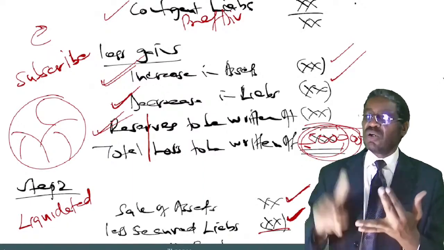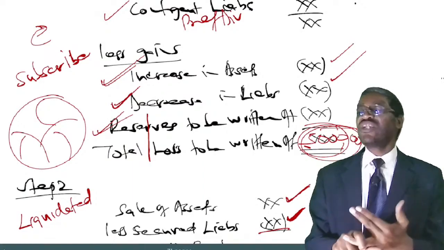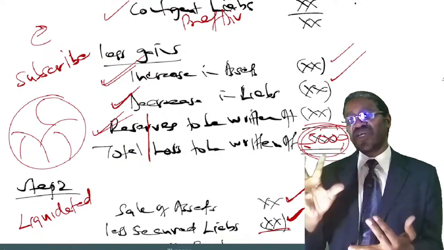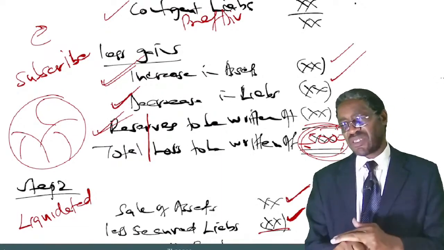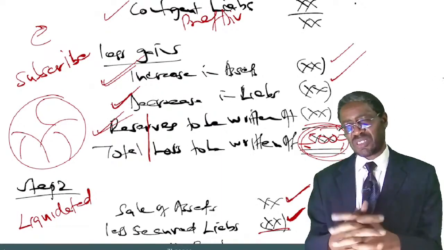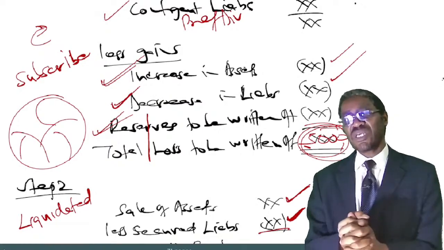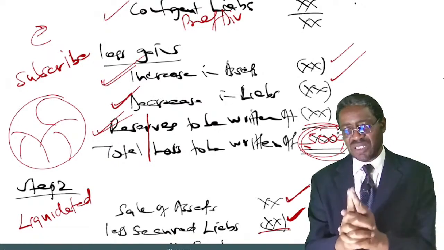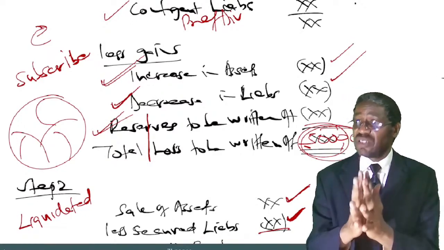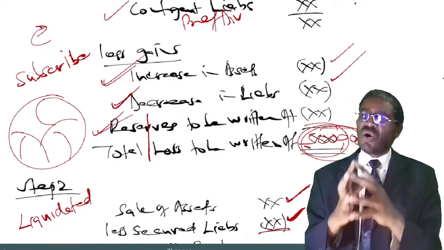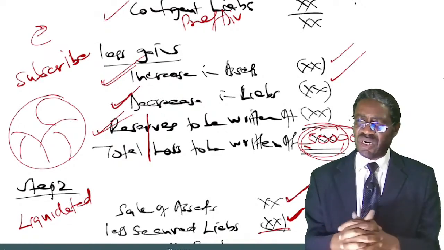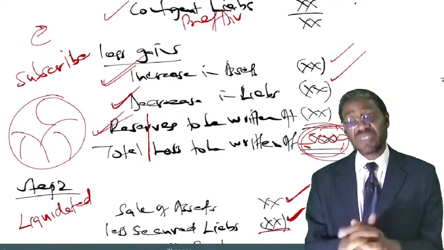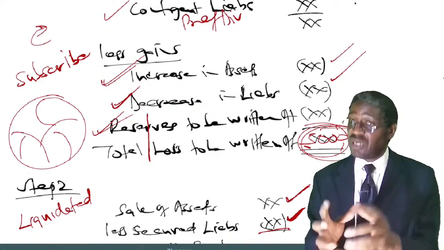Step number 2, prepare a distribution statement of the sales proceeds from the sale of assets on the assumption that the company is to be liquidated. I've told you this is done so as to determine who among the stakeholders of the company is to be requested to suffer the loss in step number 1.